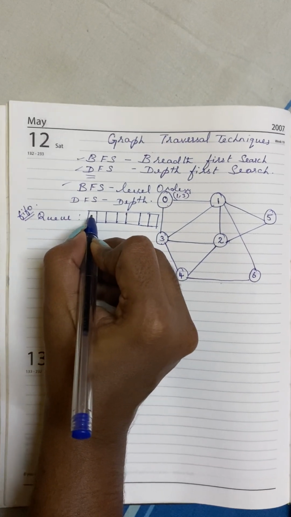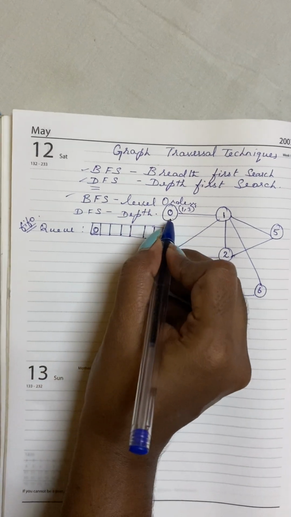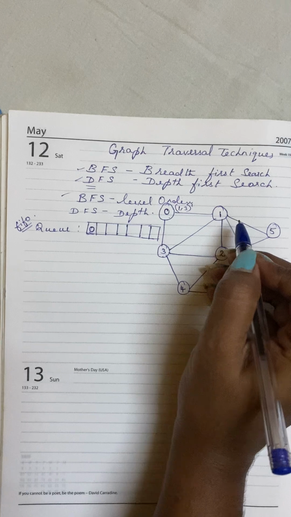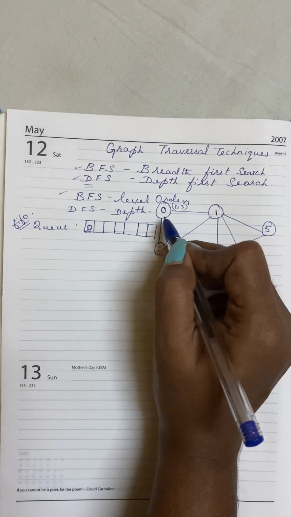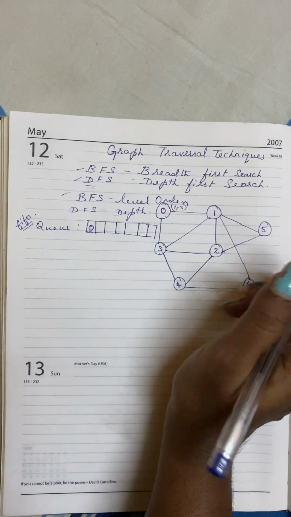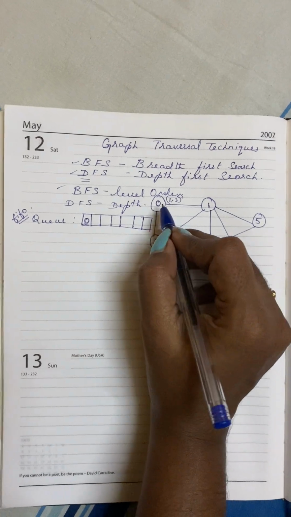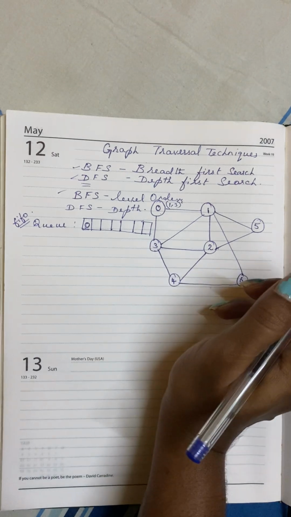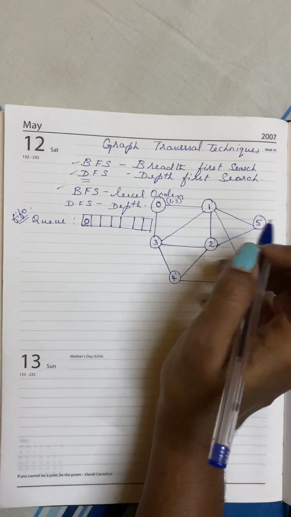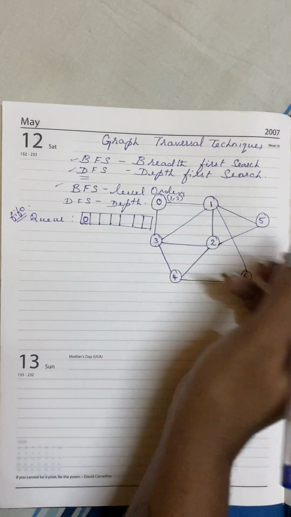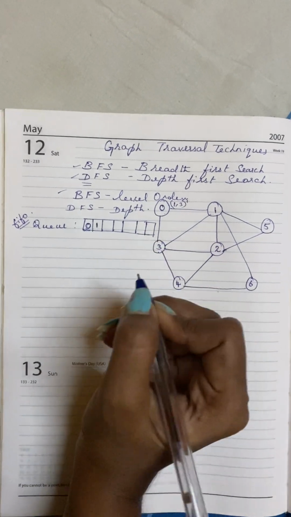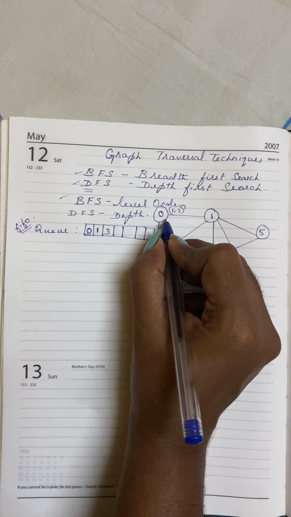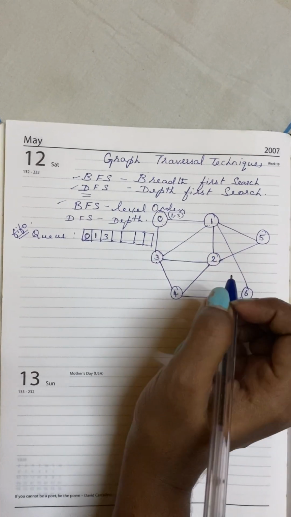First, in our queue we are inserting 0, being our root element. Next you can choose either 1 or 3, anything is fine, but you have to take all the adjacent nodes of 0, which is our root node. For example, I am choosing 1. So I can write it as 1 and 3, because for the element 0, 1 and 3 are the adjacent elements.